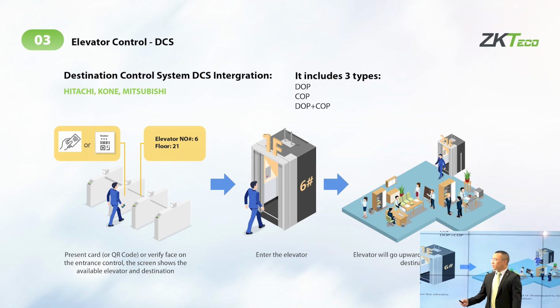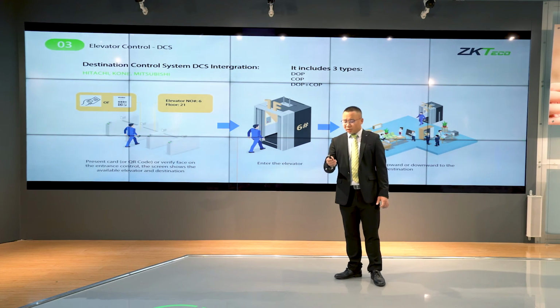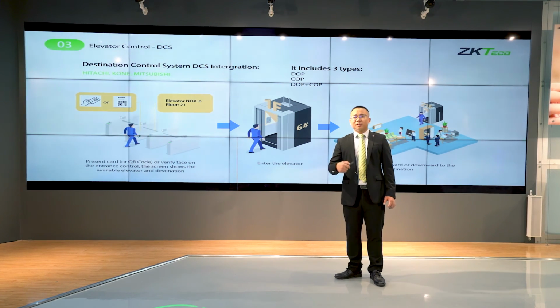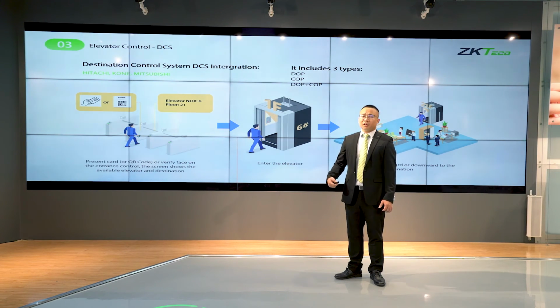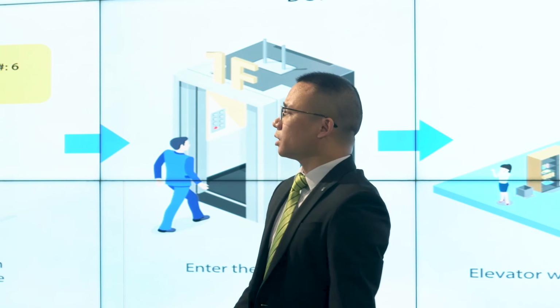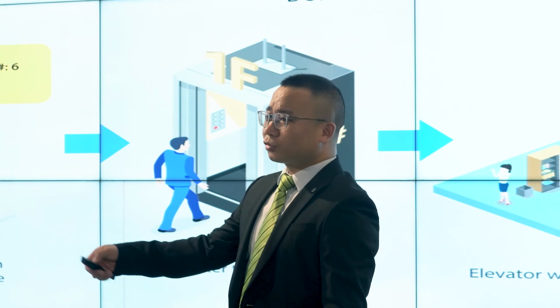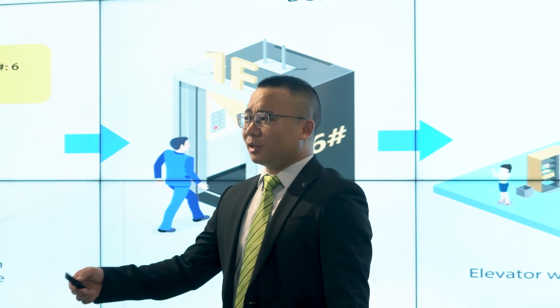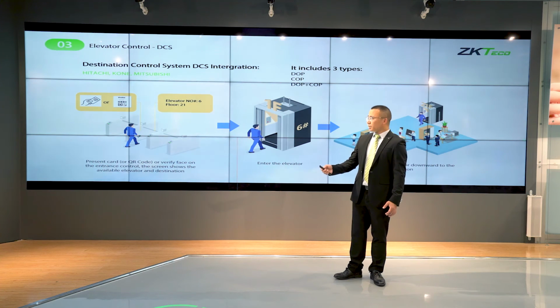How to understand this function? We already integrate with Hitachi, Otis and Schindler, three famous elevator brands. So for example, if some visitor comes to visit us and has already made a pre-reservation, he just uses his QR code, uses his face, goes directly to the parking lot and the pedestrian area.